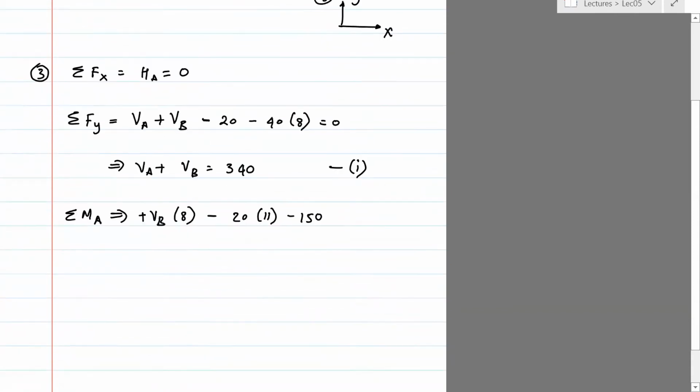In this case, what it means is, for all practical purposes, for finding the moments, we will assume it's a concentrated load of 8 times 40, which is 320, acting at 4 meters from the left, which is half of 8 meters.